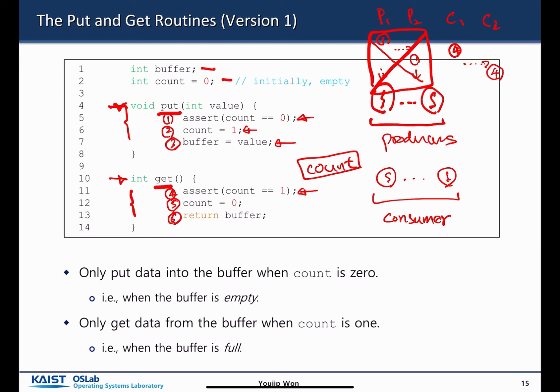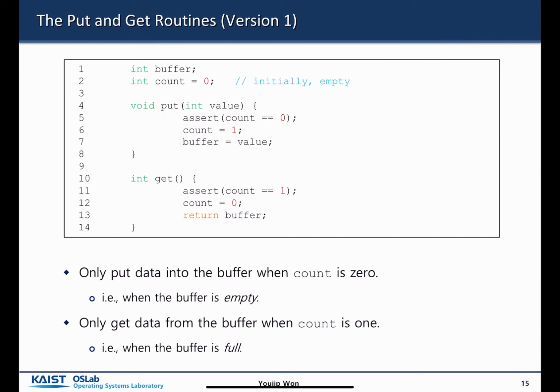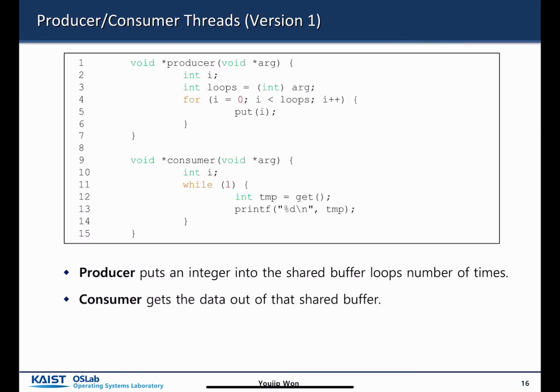So we're going to add a synchronization mechanism so that the producers and consumers wait for each other to fill the buffer and to empty the buffer. This is the actual version of the producer. The producer spins in a loop, and it puts the value for loops number of times.